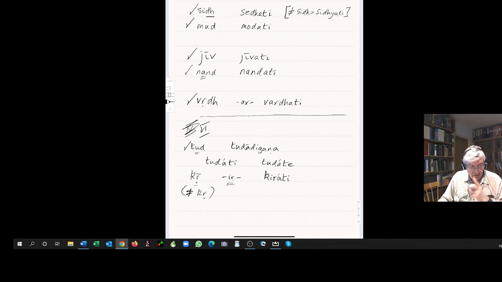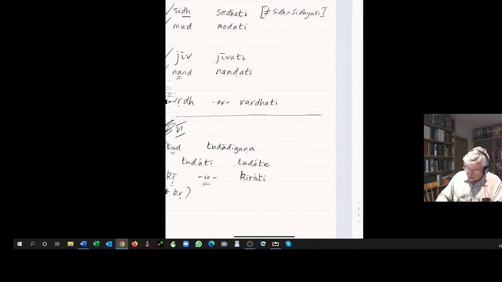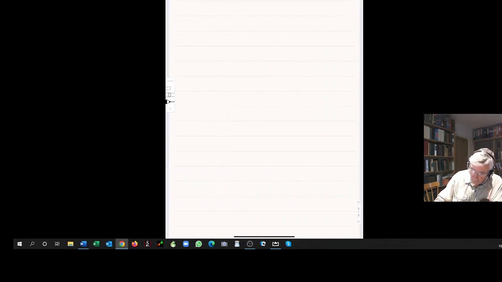That explains it. Now we'll look at class 4. What happens in class 4 is that you add this characteristic y to the root.